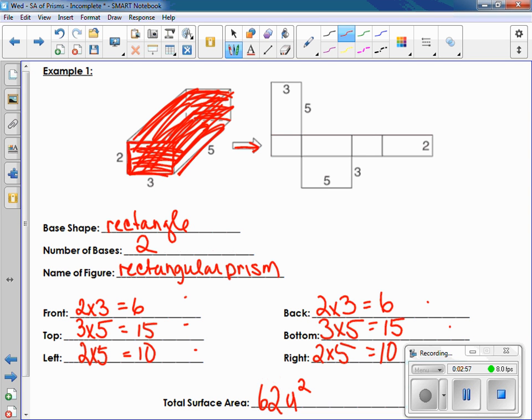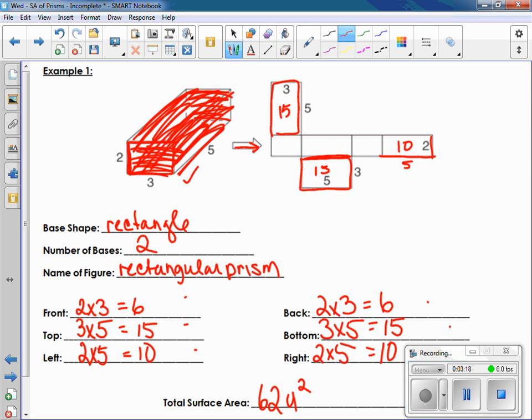Now, generally you'll be looking at the three-dimensional figure, but sometimes you'll also be given a net. So it's important when you're given a net to be able to multiply each and every side and identify what pieces are the same length. So this is the same as this one because when it'll fold together.